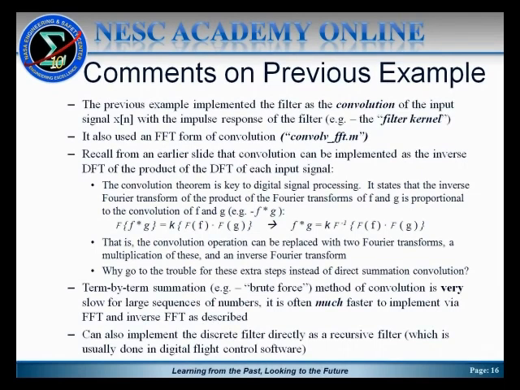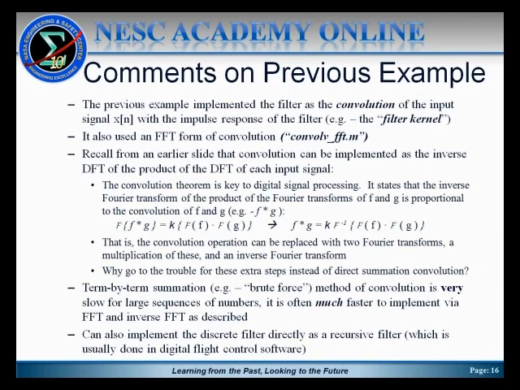Going back to the equation I used in part 1, if the script F shown in the center of the page represents a Fourier transform, and we have two time domain signals, f and g, where the asterisk operator denotes convolution, not multiplication, so f star g is the convolution of f with g, then the Fourier transform of that convolution is equivalent to the product of the Fourier transform of f times the Fourier transform of g.